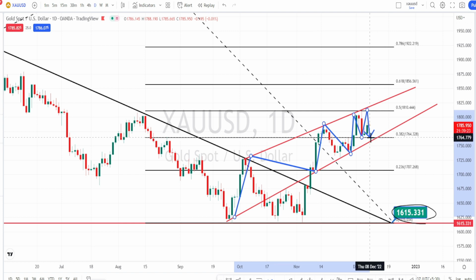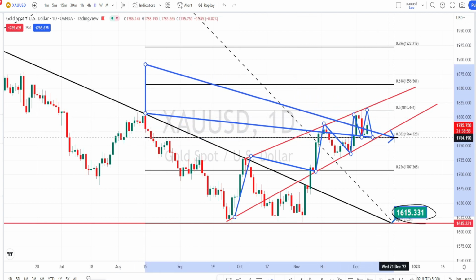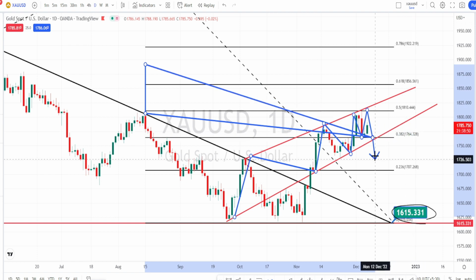It is on a sideways momentum similar to the price action we have noticed in DXY. So the price action has to break this resistance level of 1810 if it wants to continue its bullish side retracement, or the price action has to break the support level of 1764 in order to make a bearish side trend reversal in daily time frame.